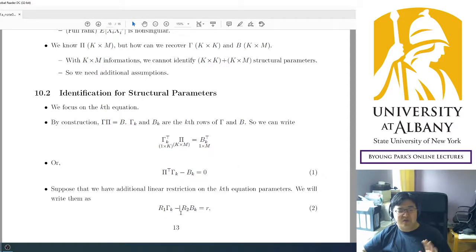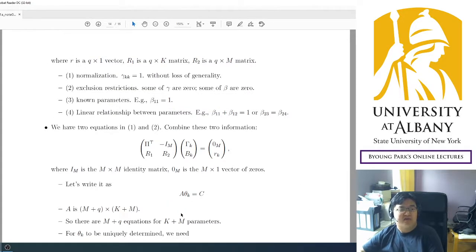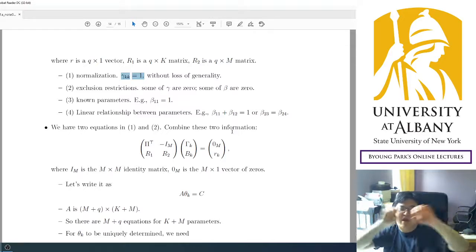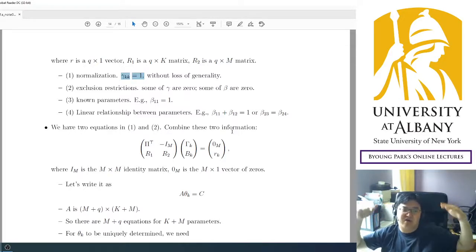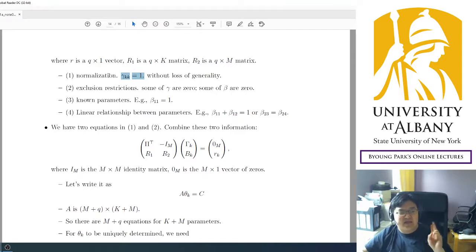Then you may consider these examples. Say normalization. As I said, one of the coefficients in each equation can be normalized to 1, right? Otherwise, you can multiply a constant to every term without changing the equation. And second, exclusion restriction. This is exactly what we did to identify the model in model 4. So some of the gamma coefficients are 0.